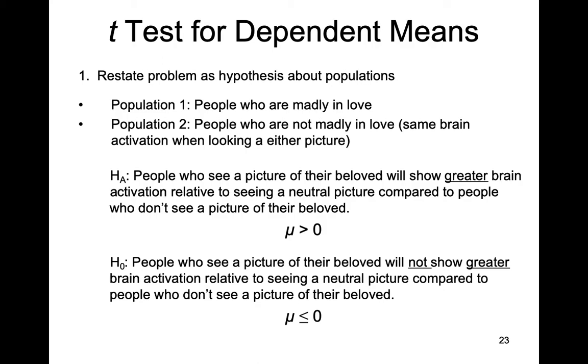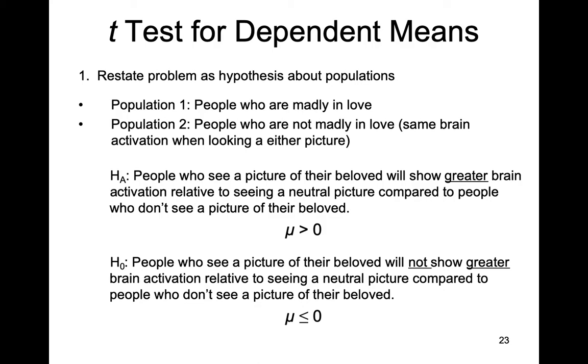Okay, so to restate the hypotheses about populations, population 1 would be people who are madly in love. Population 2, people who are not madly in love, which would mean that they'd have the same brain activation when looking at either picture.